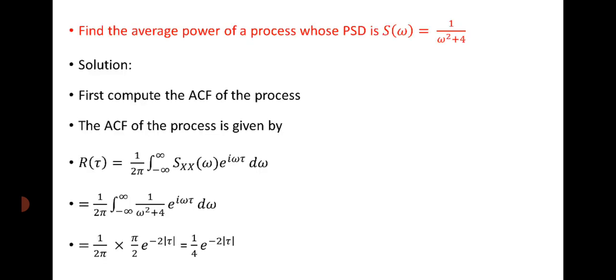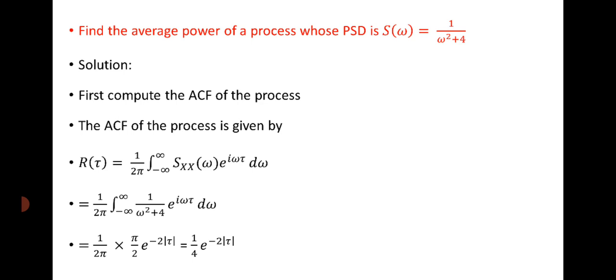Let us see the problem based on this. Find the average power of a process whose PSD, that is power spectral density, S of omega equal to 1 by omega square plus 4. The solution. First of all, we have to find out the autocorrelation function by using the S of omega value.